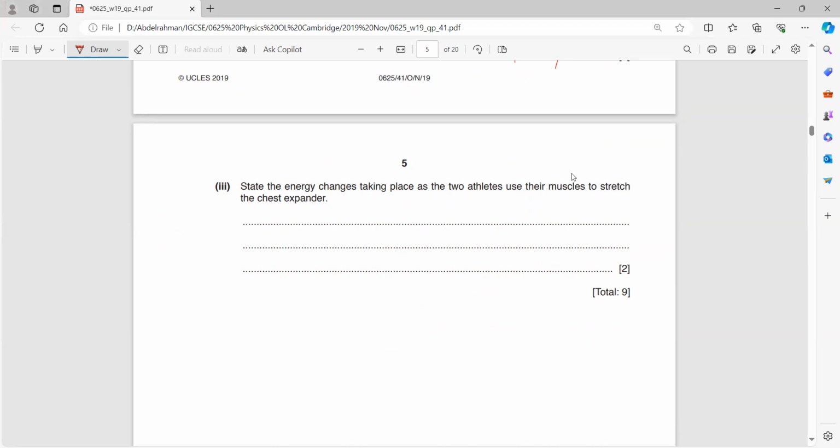We had chemical energy inside us, to elastic. Bravo. There is nothing else. If they release the expander, the elastic will change to kinetic energy, but the question doesn't say they release the expander.